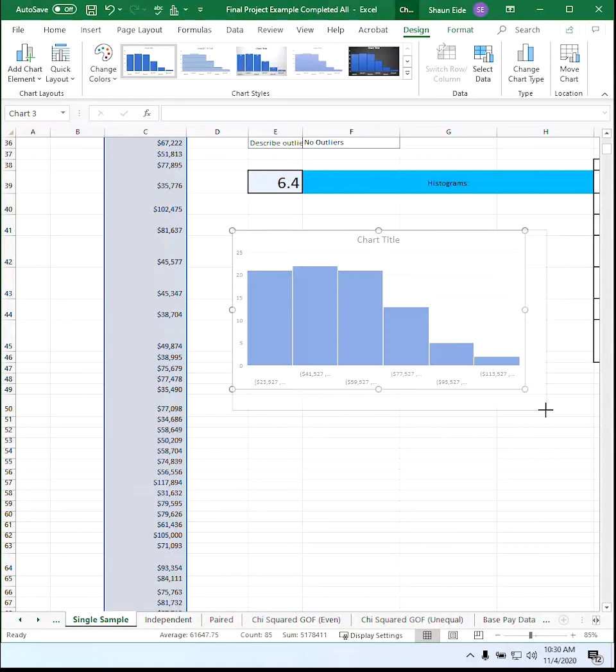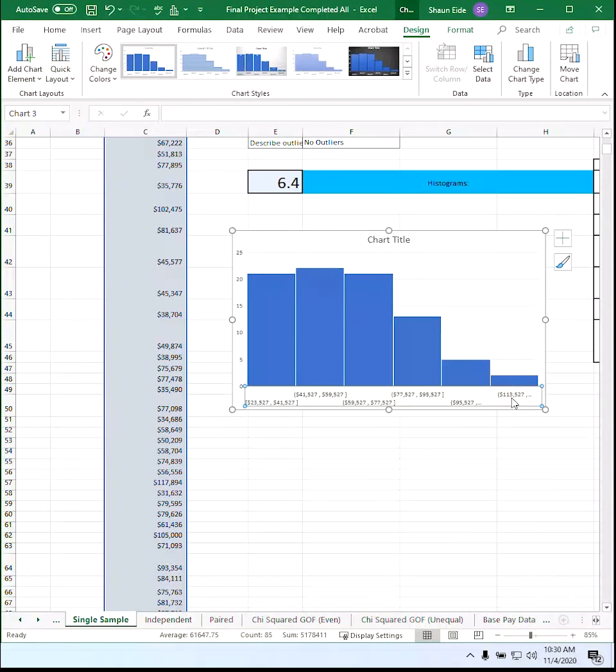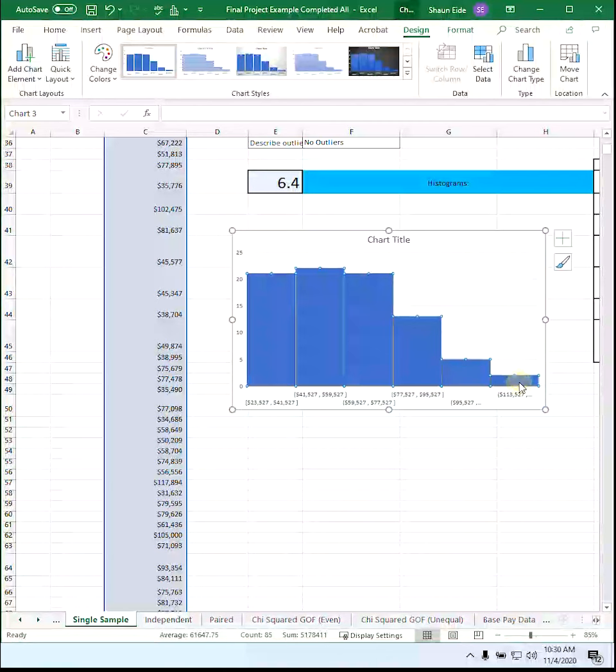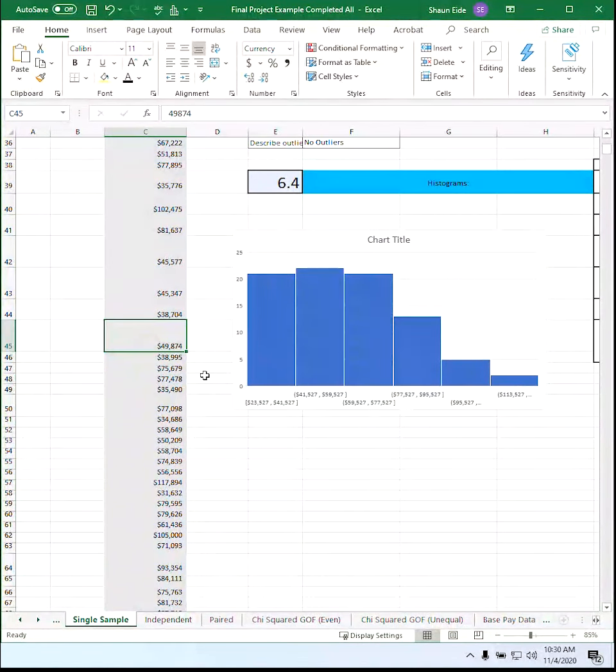The one downside is that the class limits they set are not that clean normally. Like this one right here, I don't even know what the upper limit is, but I would assume it falls more in here. This shows that it is definitely skewed, but it does appear to be normally distributed-ish, so we're able to work with this still.